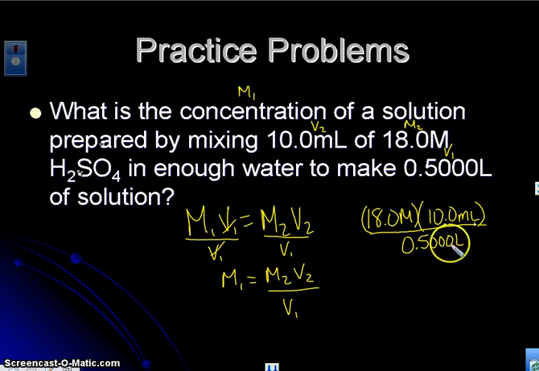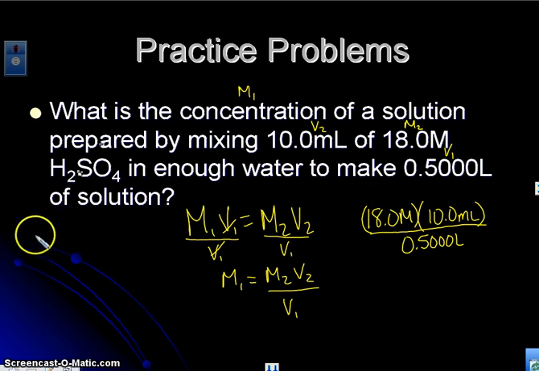Our milliliters will not cancel liters and leave us with the unit of molarity, which is what we need. So in this case, we are going to have to convert either the milliliters to liters or the liters to milliliters, whichever one is easiest for you. If you can do that in your head, that's fine. If not, go ahead and work it out, Dr. Label.